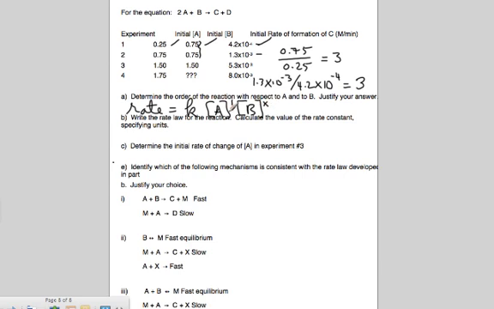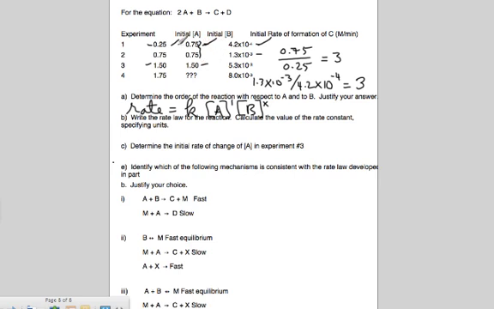No, I can't do those same 2 because B is being held constant. So let's go with 1 and 3, okay? And plug in and see what happens to the concentration of both A and B, and what happens to the rate when I change them both, okay?